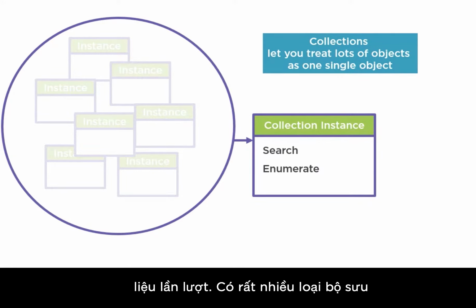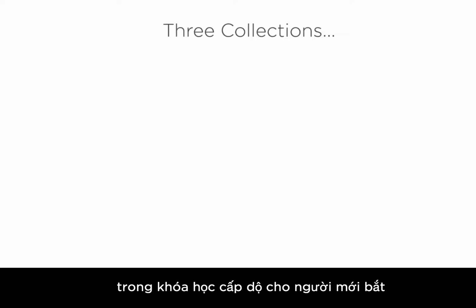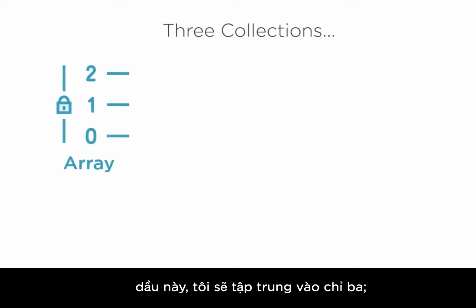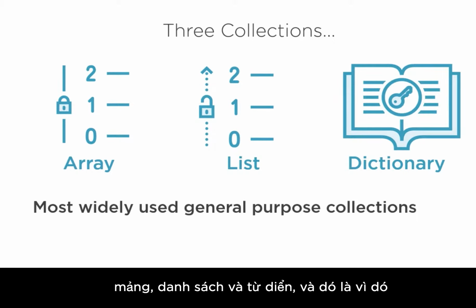There are lots of different types of collection in the .NET framework, but in this beginner's level course, I'm going to focus on just three: the array, the list, and the dictionary, and that's because those are arguably the most widely used general-purpose collections.